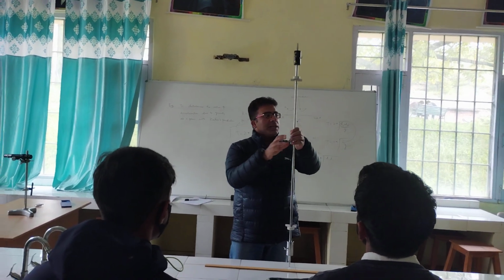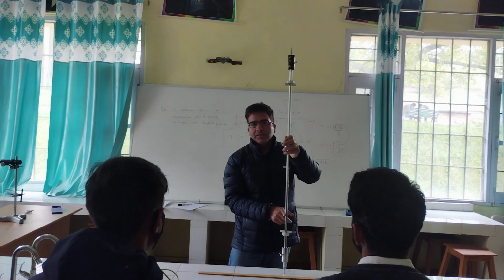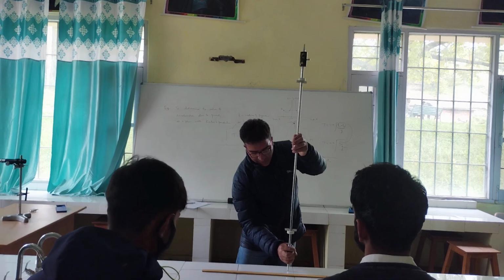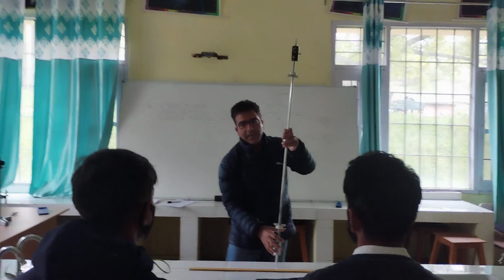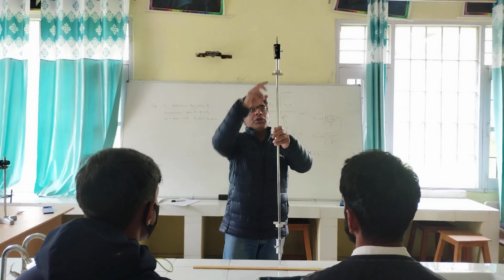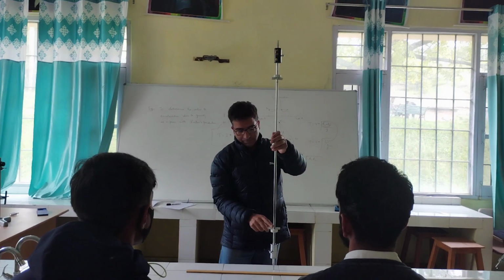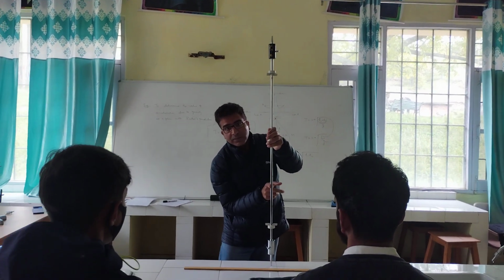It will be towards the lower knife edge. Why so? Because of this clever design, this weight is heavier than this, there is more weight towards this side. Therefore, we know for sure it will be between these knife edges, but it will be closer to the lower knife edge.